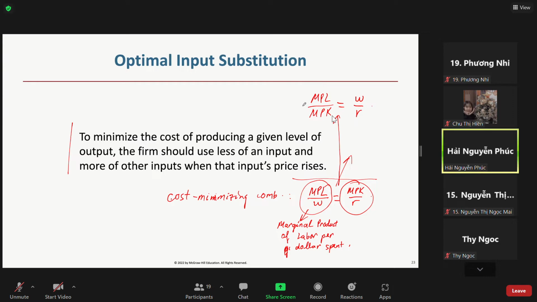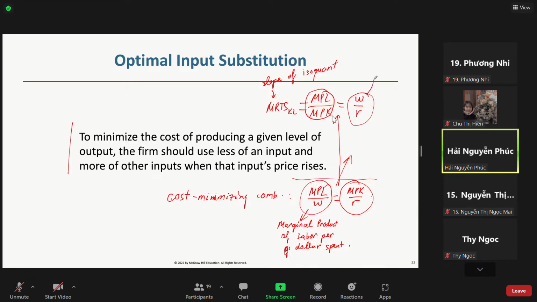Recall that we have the marginal rate of technical substitution, MRTS, which is equal to MPL divided by MPK, and this MRTS is the absolute value of the slope of the isoquant.